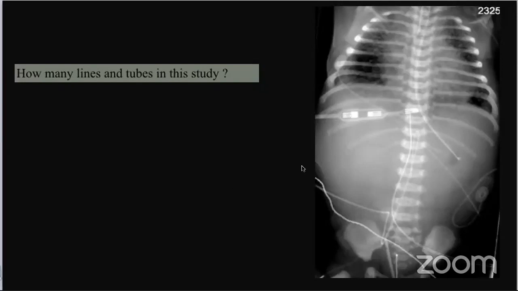I know the issue of tubes and lines is like a mirror for some doctors, and we will spend more time commenting on the devices more than the organs. In this topic, I will try to simplify and make a quick review for me and for you about the neonatal and pediatric devices.